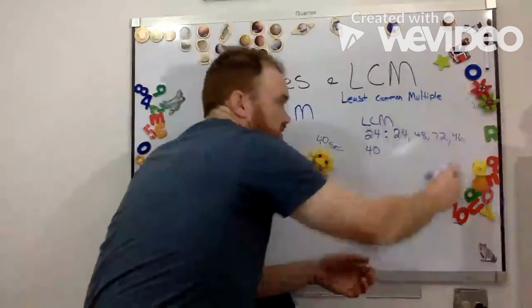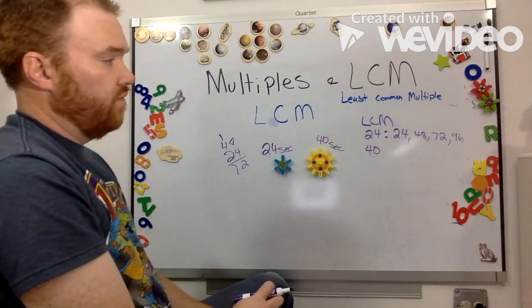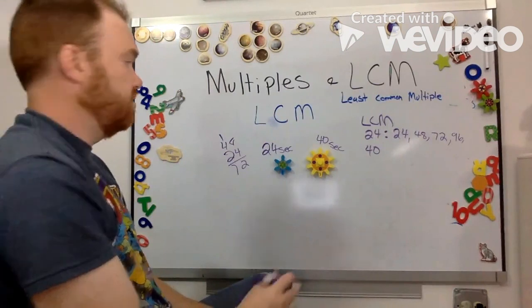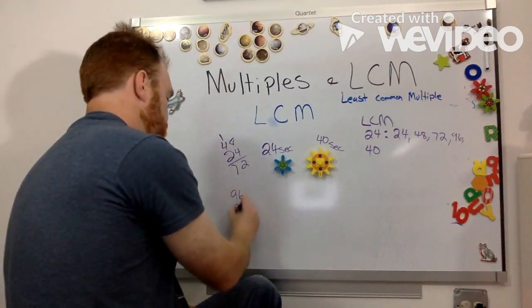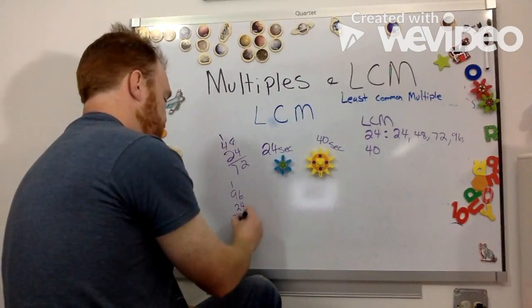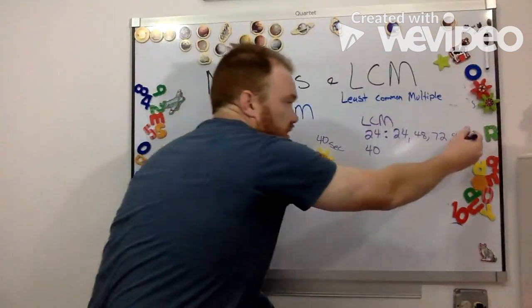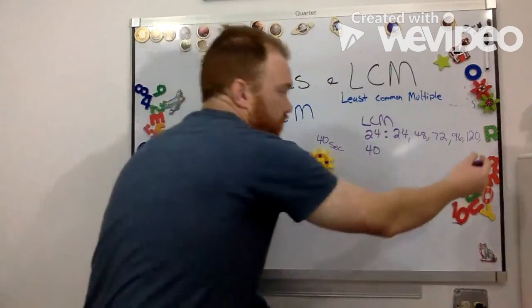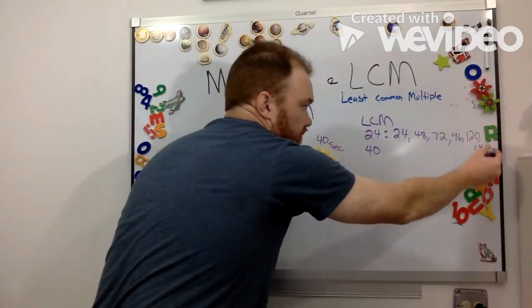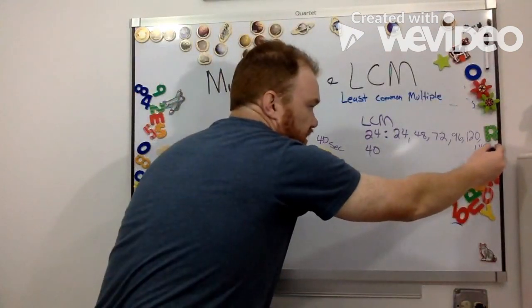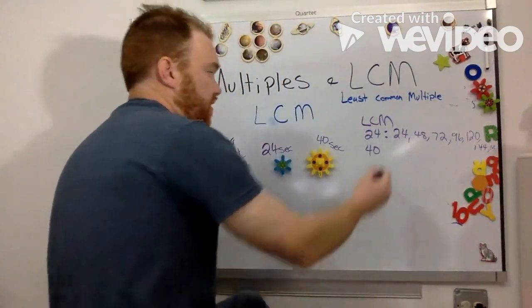Another 24 is going to be 120. Then another 24 will be 144. Then another 24 would be 168. So now I have a list there.